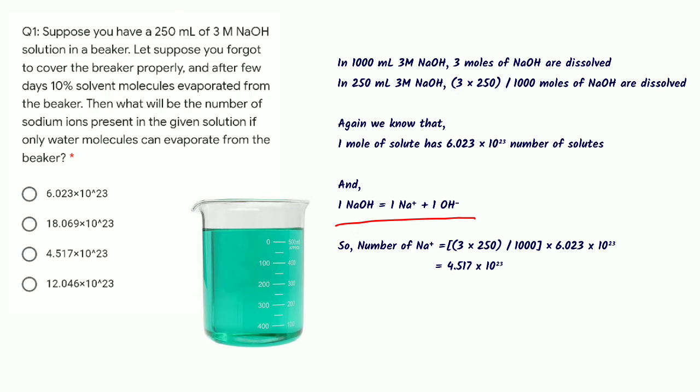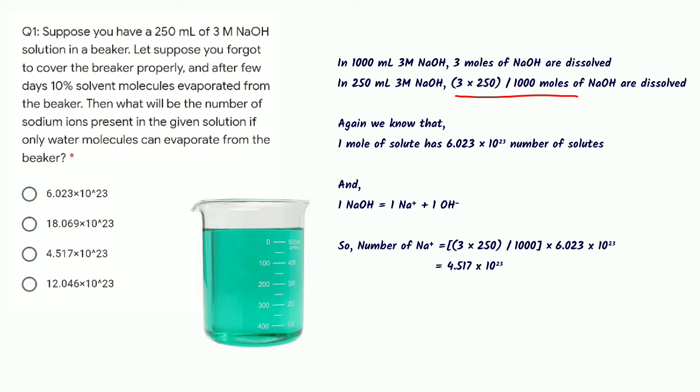That means if we have 3 by 1000 into 250 moles of sodium hydroxide in that solution, we also have 3 by 1000 into 250 moles of sodium positive. Up to this I think you understand. So now we have the number of moles of sodium ions present in that solution.